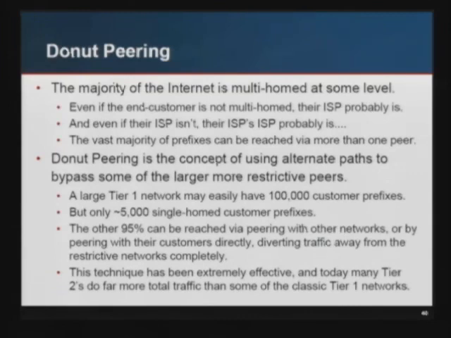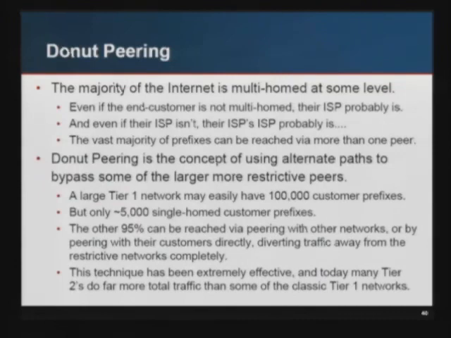There's a way to get to a particular network. You can choose between A, B, or C. There's always some kind of a choice. And so the situation is, if a particular network doesn't want to peer with you, you can work around them, and that's called donut peering.